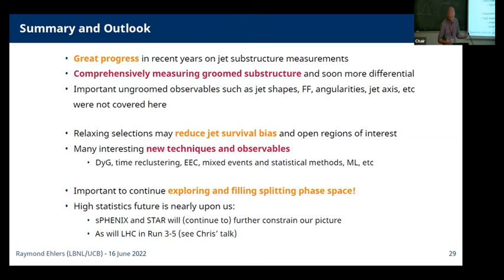I've tried to highlight these things, but we of course shouldn't forget that we want to continue exploring and filling the phase space that we have. We can take our existing measurements and try to expand, for example, our pT reach or different variables, to make sure that we can comprehensively constrain models in the broadest phase space we can.